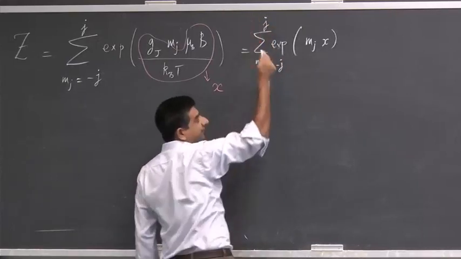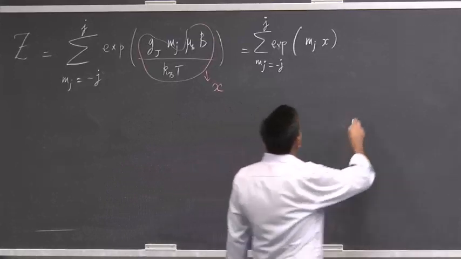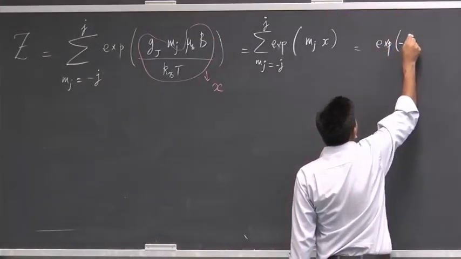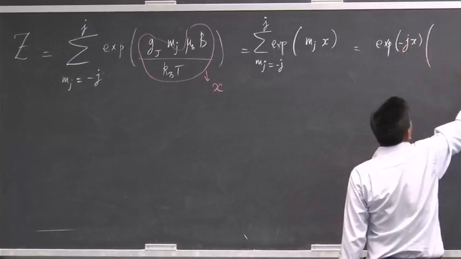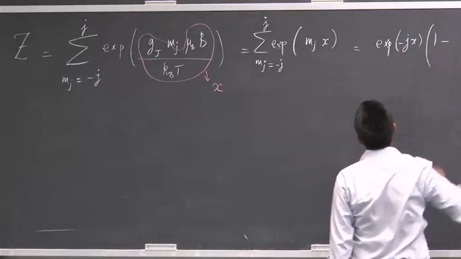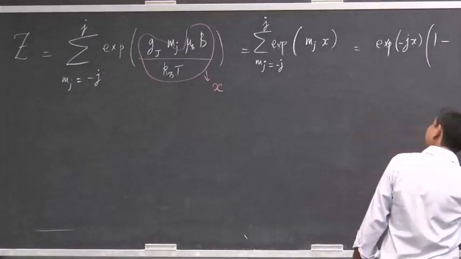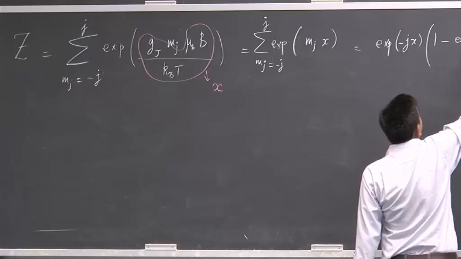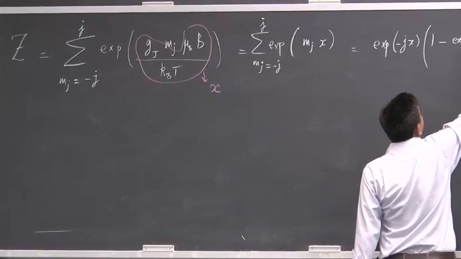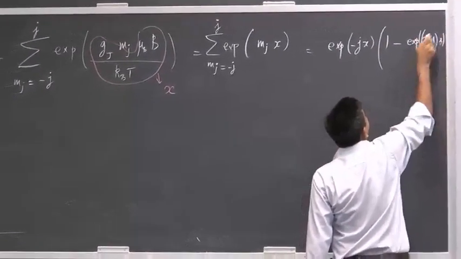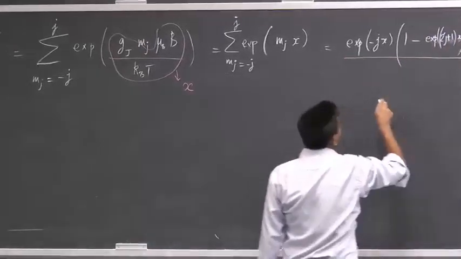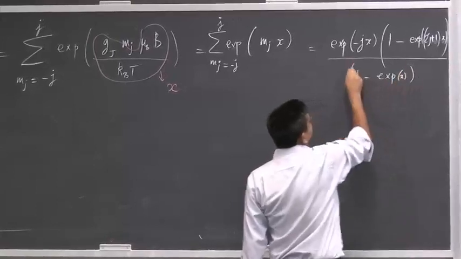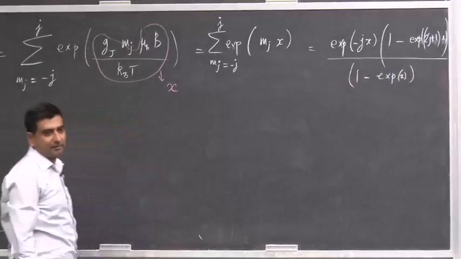Now this is a finite series, so I get exponent minus jx, times 1 minus exponent (2j plus 1)x, divided by 1 minus exponent x. Supposedly this is what I get, the sum of the geometric series.